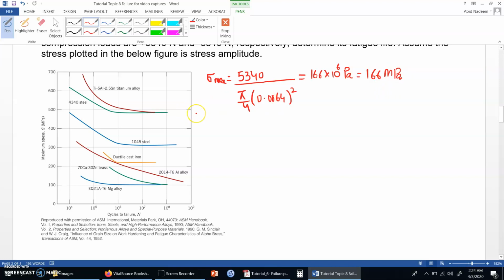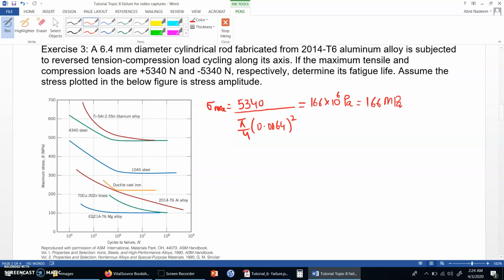So now I can see this 166 megapascal line from here. Remember that the values are given as the stress amplitude, not the maximum stress, so we will assume that the graph given here is for the stress amplitude.